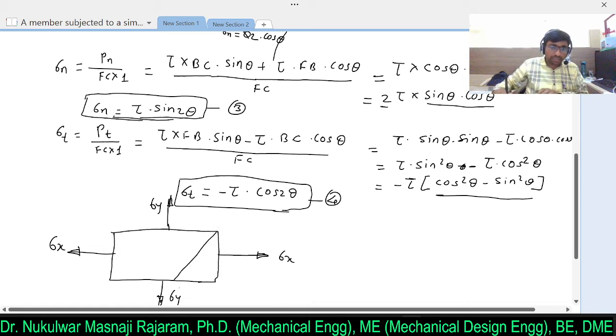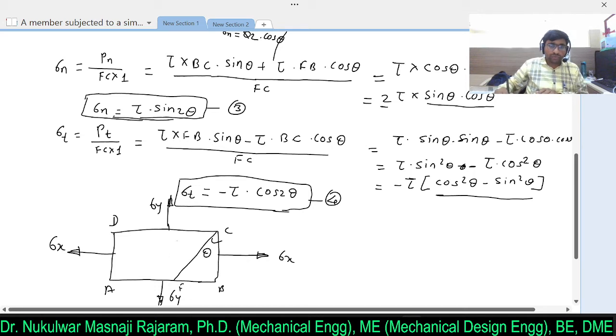Let's say the bar is ABCD, and plane CF is at an angle theta measured from plane BC.